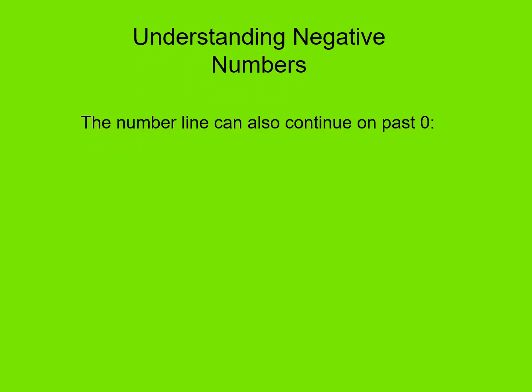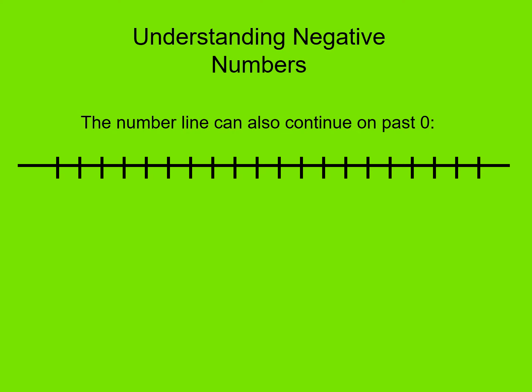The number line, though, did you know, can also continue on past 0. So there's the number line that we were looking at just a minute ago, but it can go beyond 0. -1, -2, -3. Now, as these numbers get further away from 0, we are actually subtracting 1 each time.